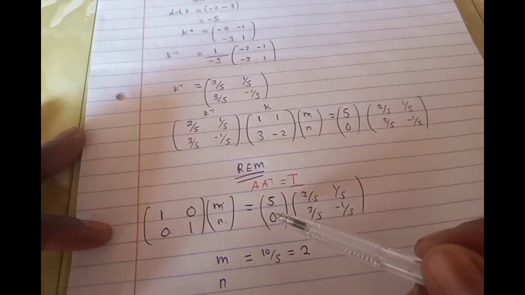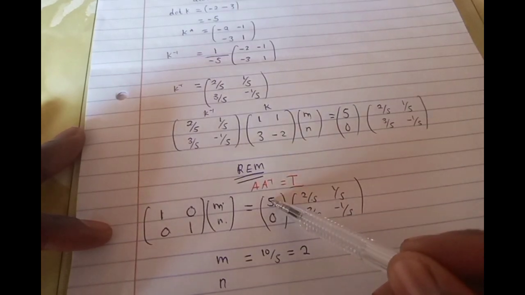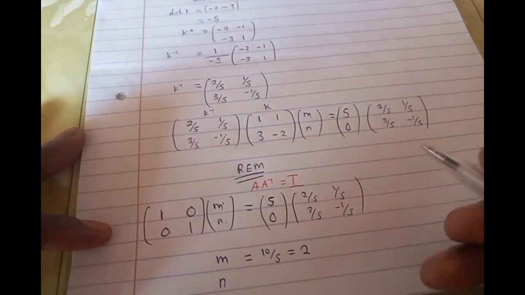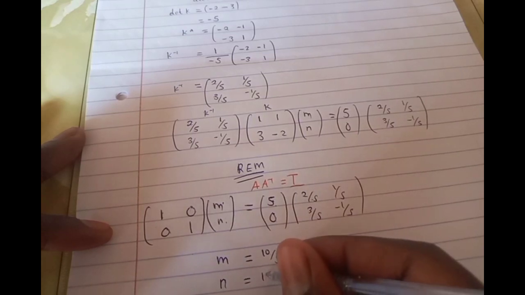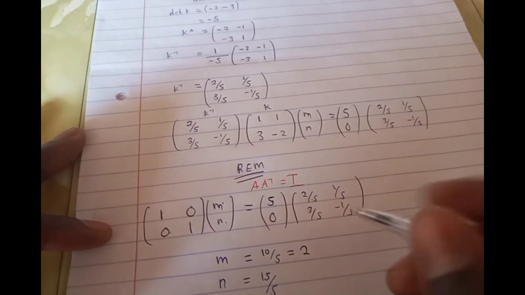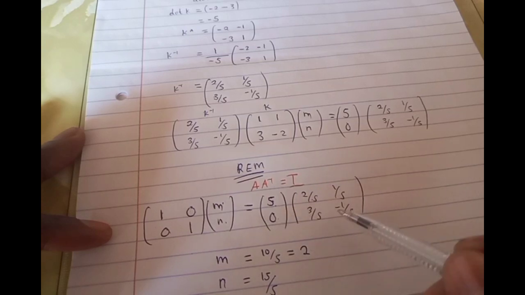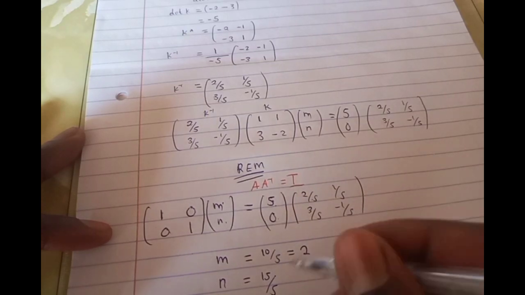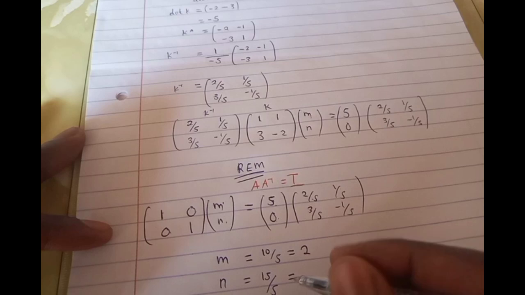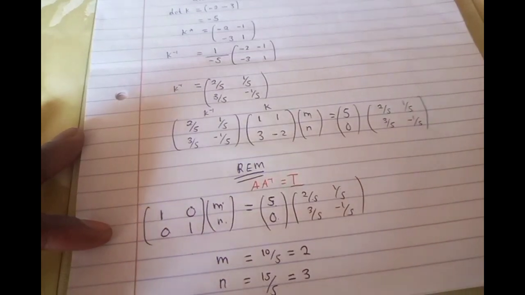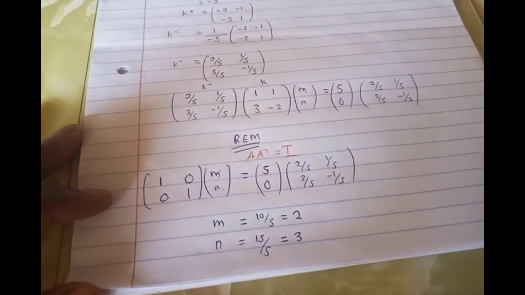If we multiply 5 times 3 over 5, this one is going to give me 15 over 5, plus 0 by negative 1 over 5 is going to give me 0, and 15 over 5 simplifies to 3.